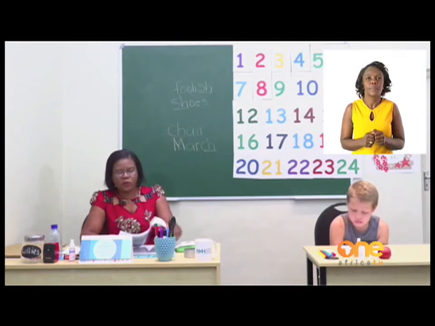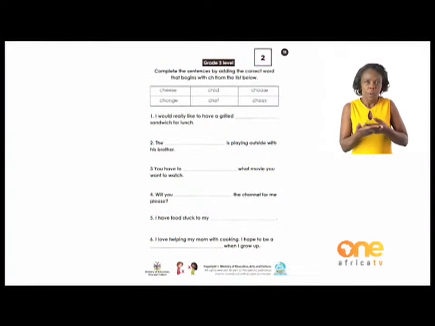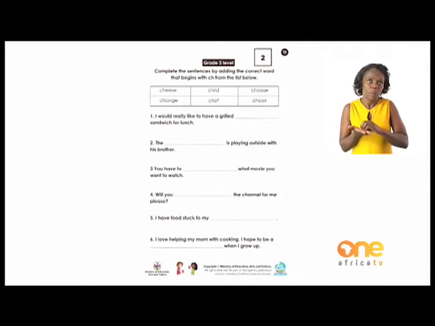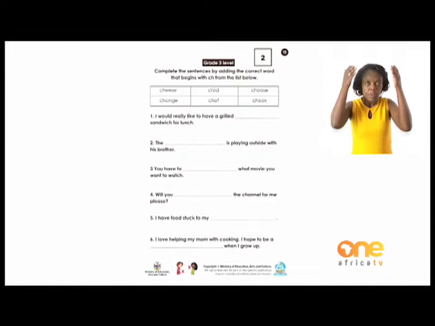Okay, let's continue to page 11. We are still with our sounds, but on page 11 we are just going to look at the ch. Only the ch, the k and the ha. We read together the words which are there in the table. We have cheese, child, choose, change, chef, and chick.